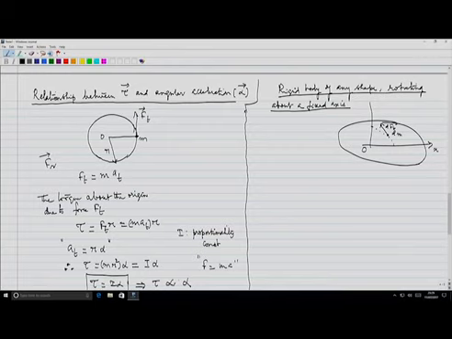Okay, the typical mass element is dm, this is r. I am writing only the magnitudes. dFt is equal to dm times the tangential acceleration.